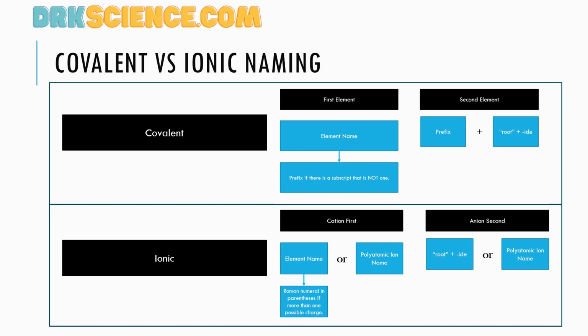If it is an element name, if it's one of those metal cations that has more than one possible charge, we do Roman numerals in parentheses. And then we move on to our anion. Very similar, we take the root of that element name, add IDE. Or if it's a polyatomic ion, we just do the name of that. So we can go through now and name binary, ionic, and covalent compounds.